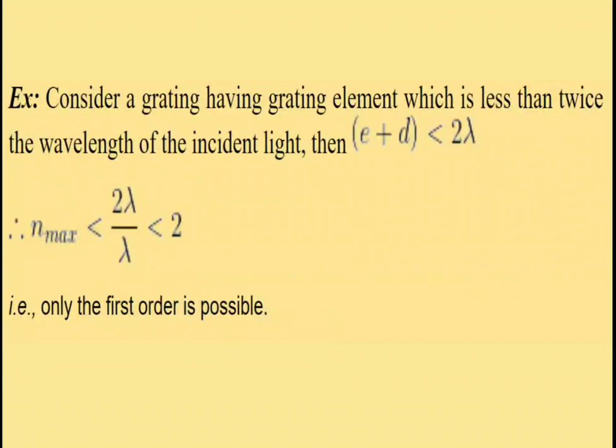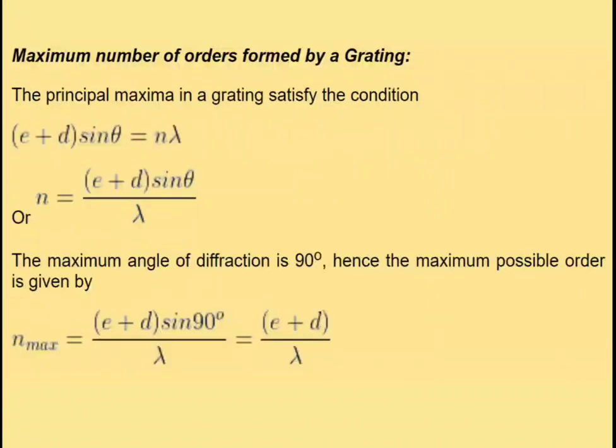For example, consider a grating having a grating element which is less than twice the wavelength of the incident light. That means e plus d is small compared with twice the wavelength, so 2 lambda. Now the maximum number of orders possible, as we know the formula, n max is equal to (e plus d) by lambda.